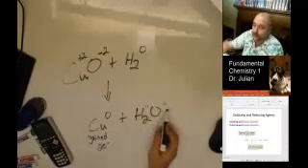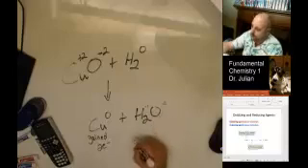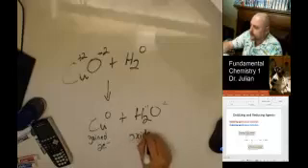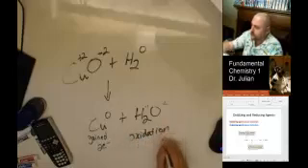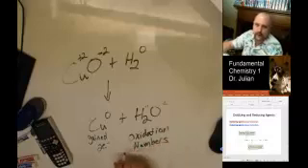Now these numbers over here, water is not ionic. We're treating it as if it's ionic. So to put these numbers, we use these numbers called oxidation numbers. And their definition is terrible.